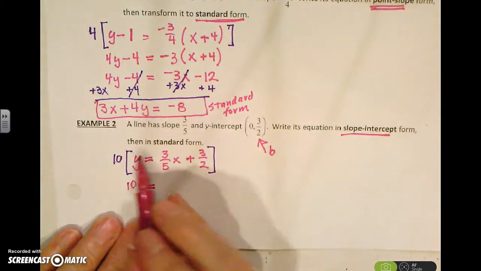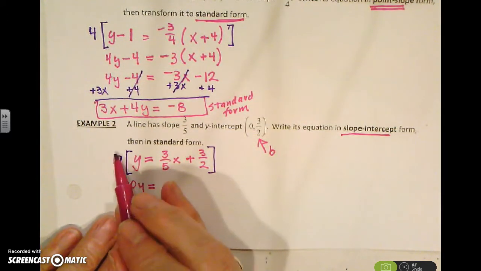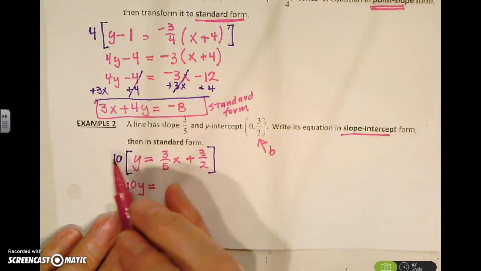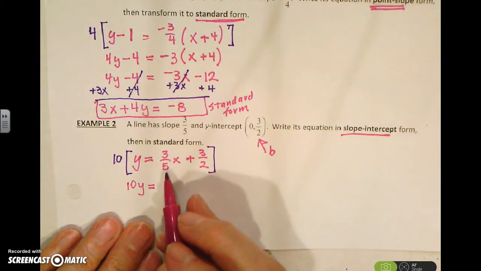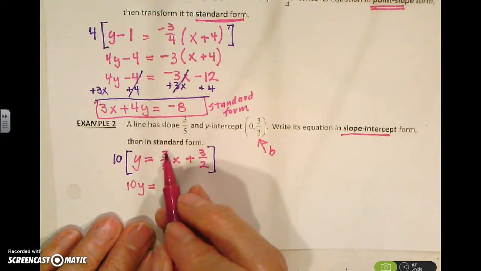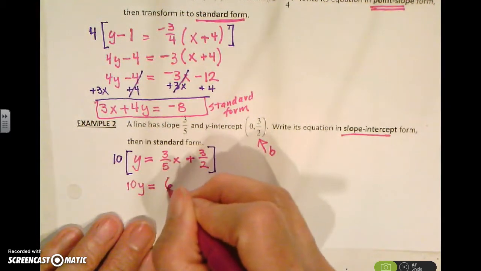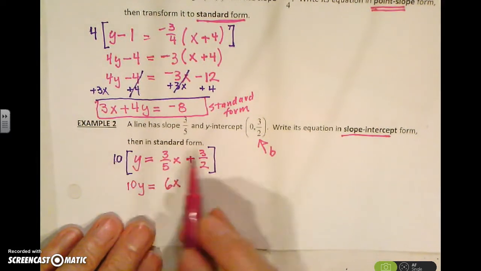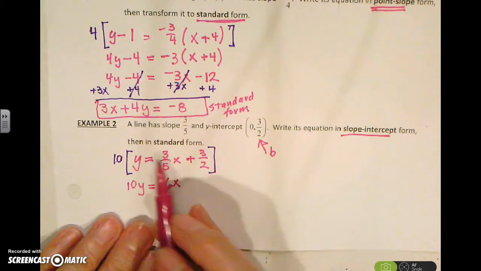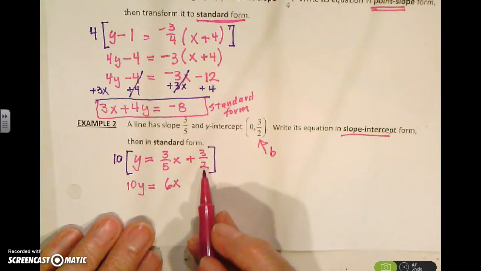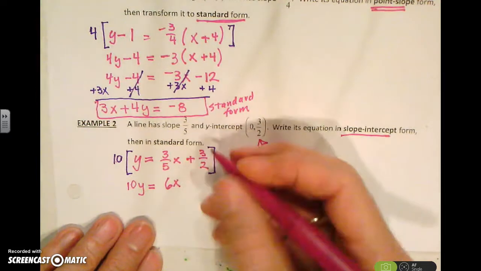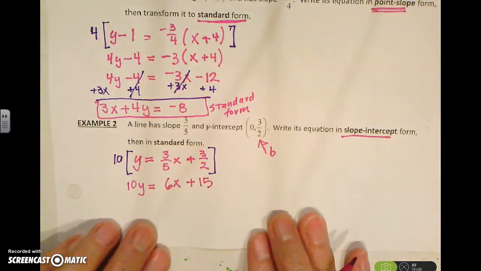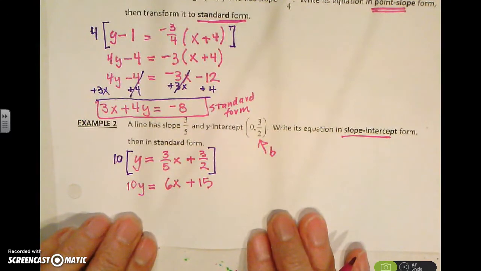When I multiply 10 times 3/5, I'm going to do my division first. So 10 divided by 5 is 2, and 2 times 3 is 6. So this is going to become 6x. Then multiplying here, 10 times 3/2, I get 10 divided by 2 is 5, and 5 times 3 is 15, so plus 15. So I've eliminated my fractions.